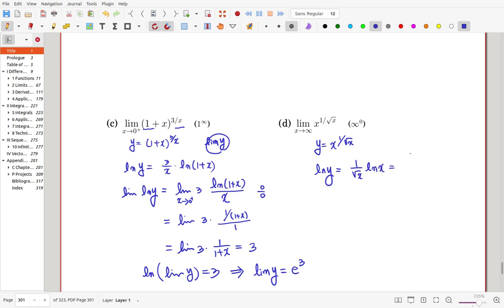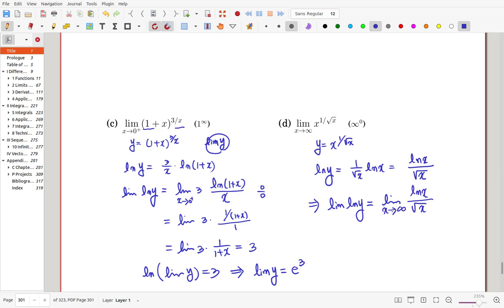Okay, let's rewrite this one: natural logarithm of x divided by square root of x. Now we apply limit. Natural logarithm of y equals limit, of course here x is approaching infinity, of natural logarithm of x over square root of x.